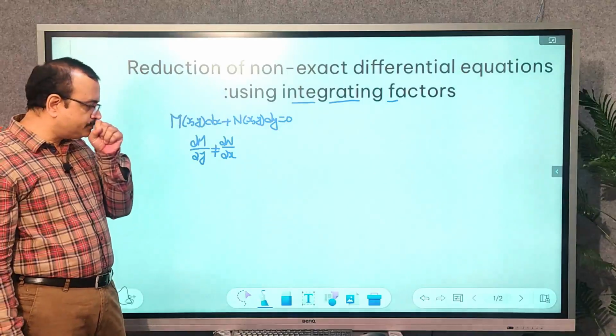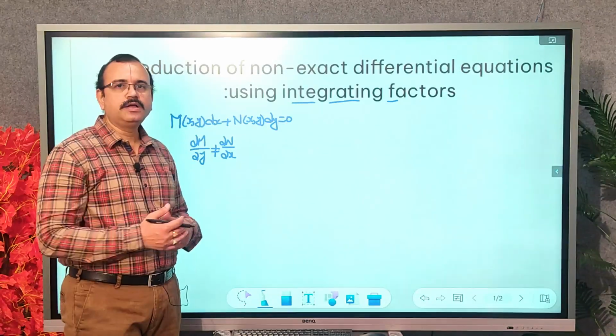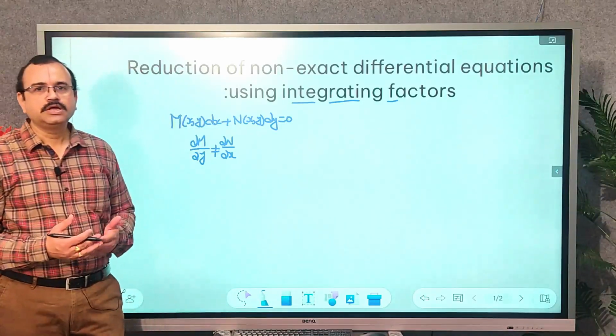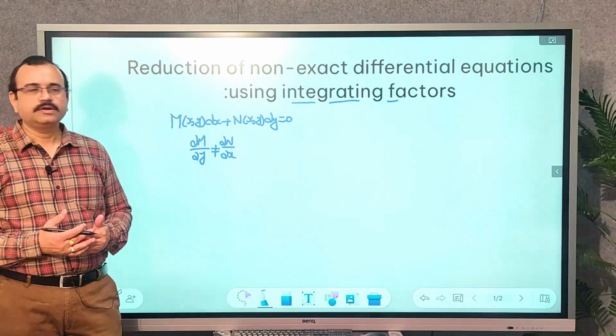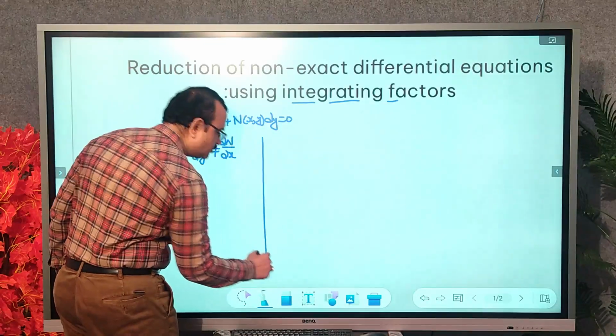For that there are certain standard procedures, and by using those we can identify the integrating factor.